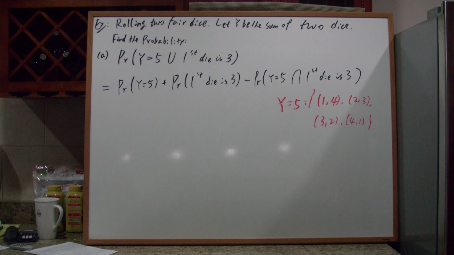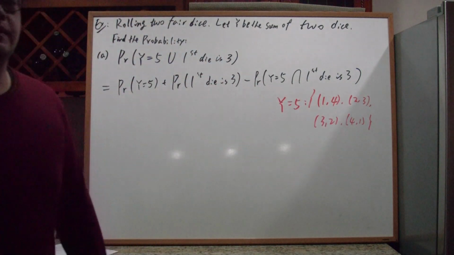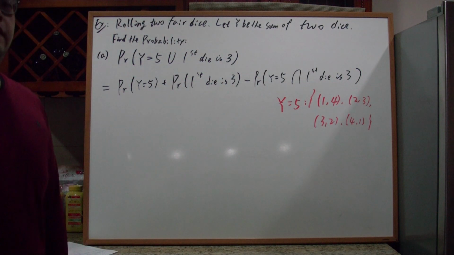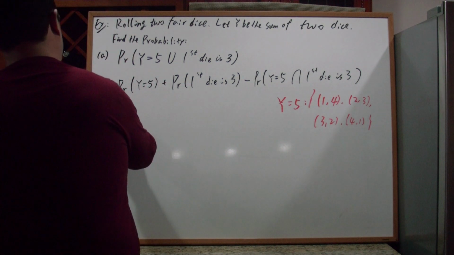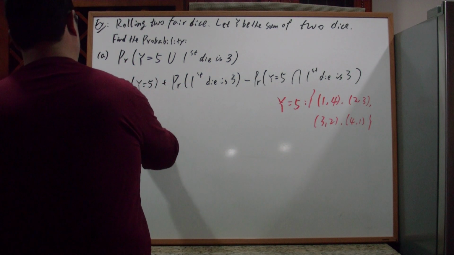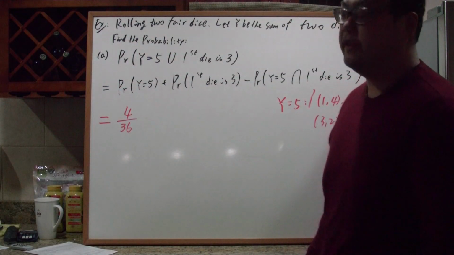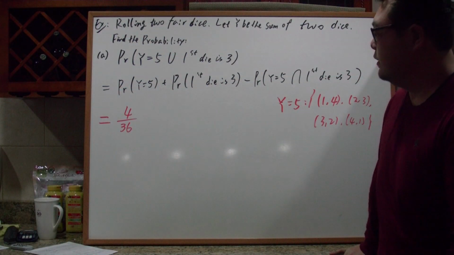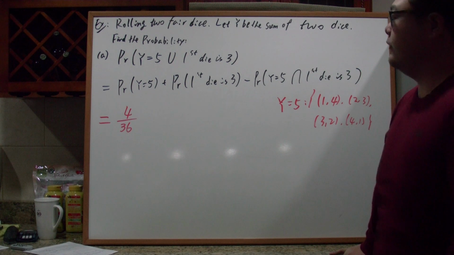Right? That's 4 different cases to make the sum 5. Well, we have 4 outcomes in this event, and rolling 2 dice will have 36 different pairs. That 4 out of 36 will be the probability to get a sum of 5.